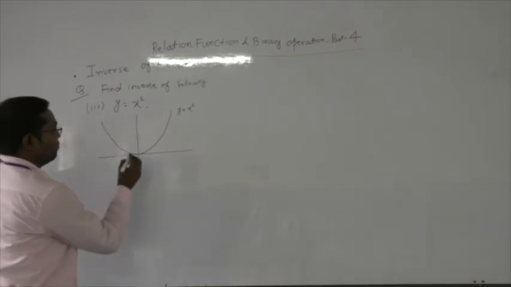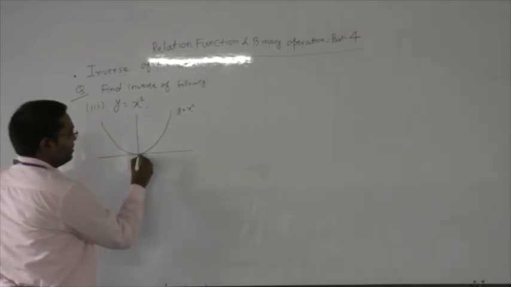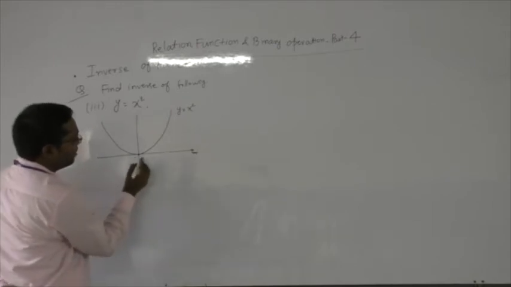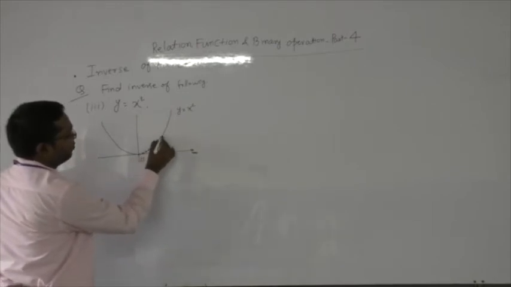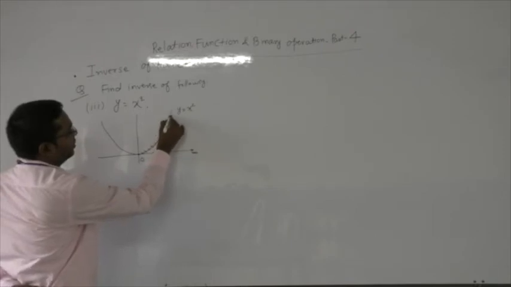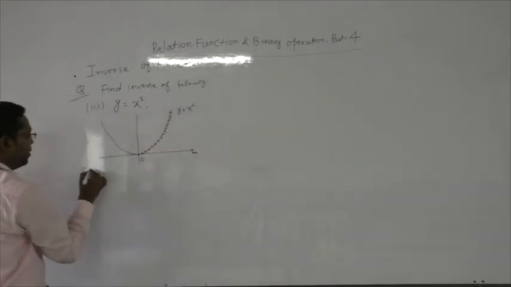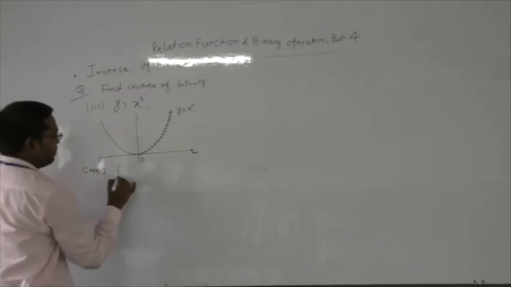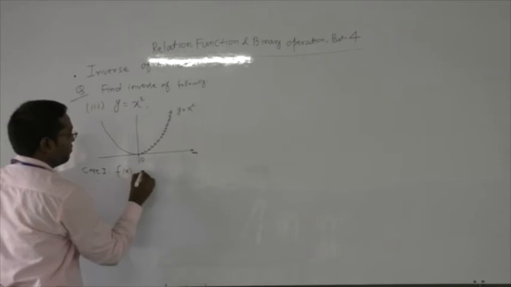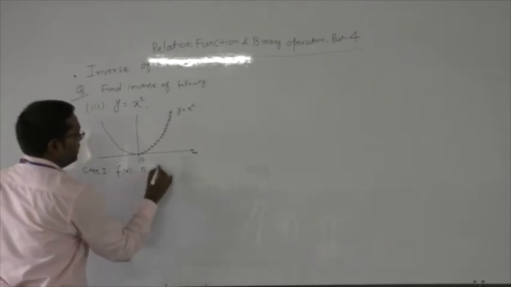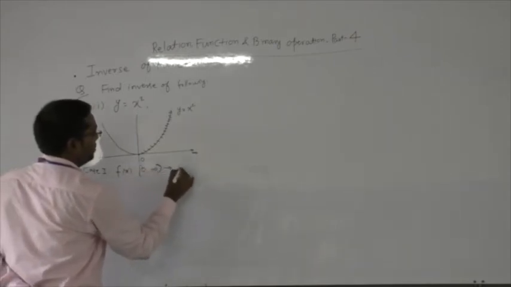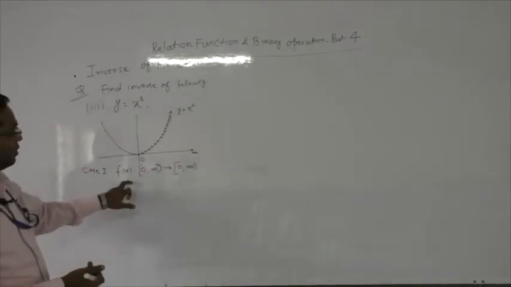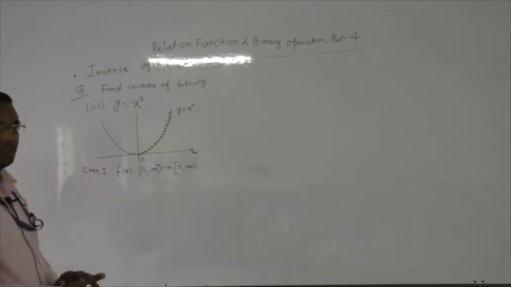See what technique we use here. If we see from 0 to infinity, the function is one-one onto, right? We are saying case 1: if the function is defined from 0 to infinity to 0 to infinity, the function will become one-one onto.